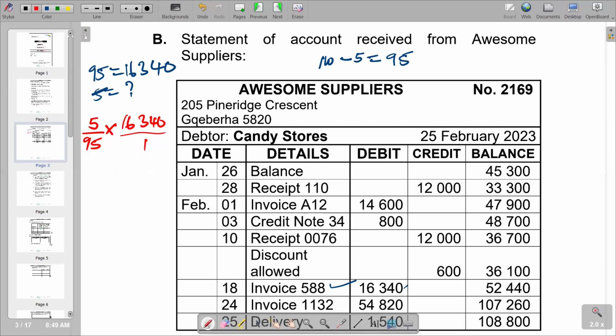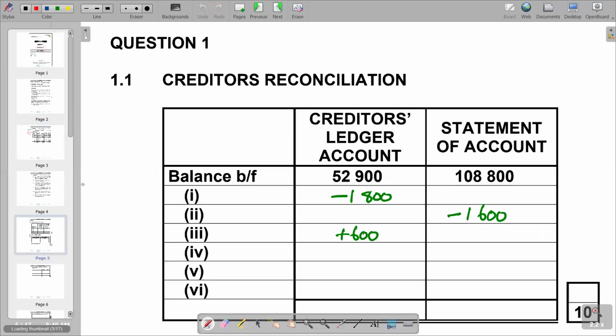And we are going to get your answer is 860. Here it's equal to 860. So it means we have to subtract 860 in the ledger. So we go to our other section and we subtract 860 in the column of the ledger.